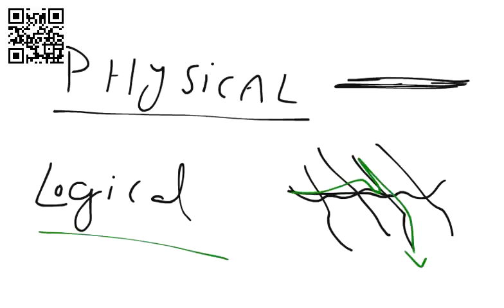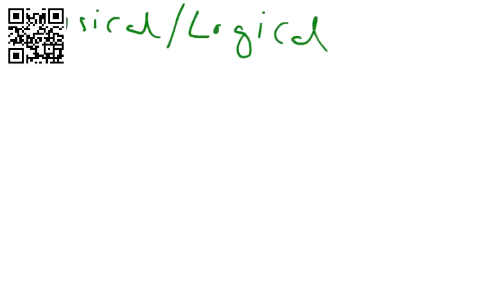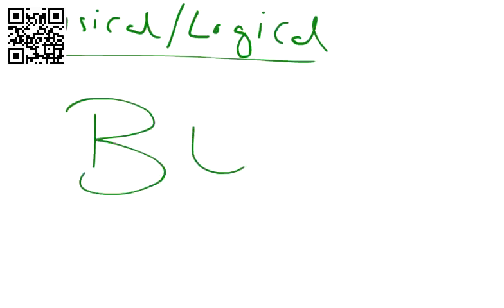But for the sake of simplicity, friends, we will consider that the physical and the logical topology in our example is the same. So let's start our discussion about bus topology.